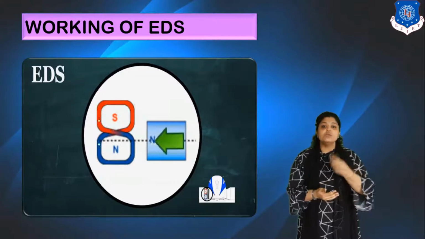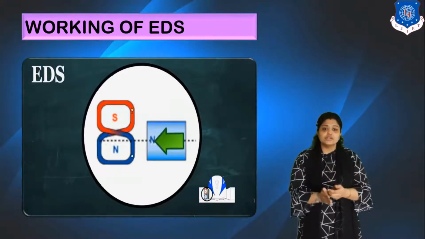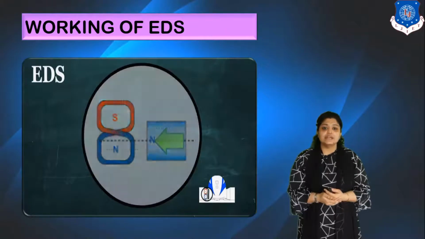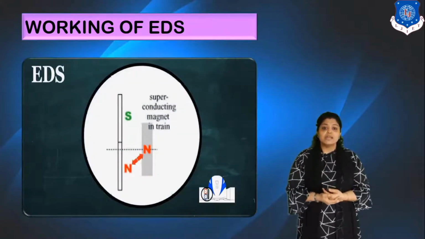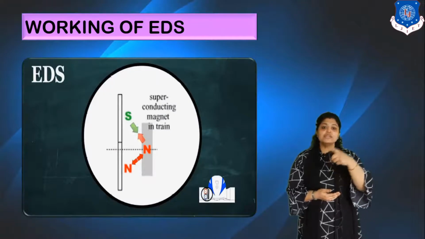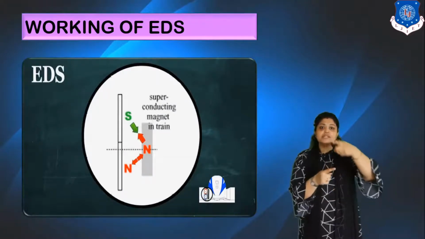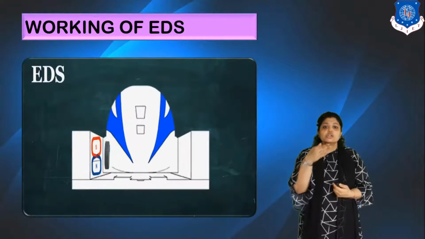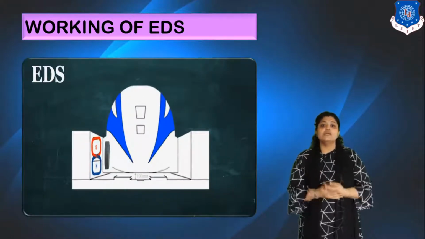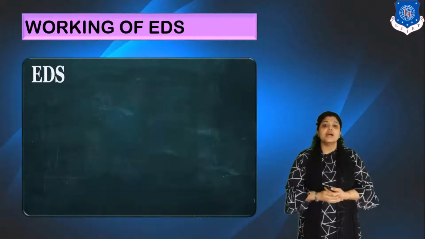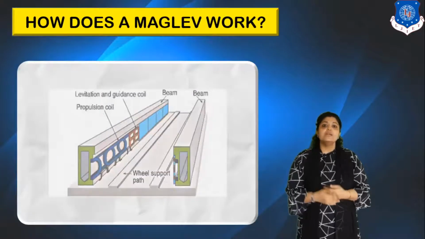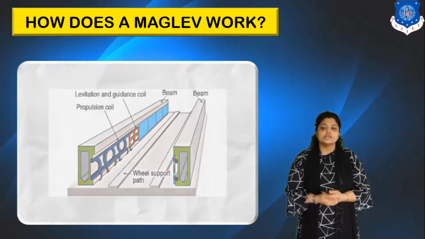You can see this, the blue colored indicates the magnet on the train and then you have the magnet on the guideway. So according to the currents flowing on the guideway, the bottom portion there is north-north and the upper portion there is north-south. So this north-north will repel and south and north will attract, and that will levitate the train to almost 100 millimeters.